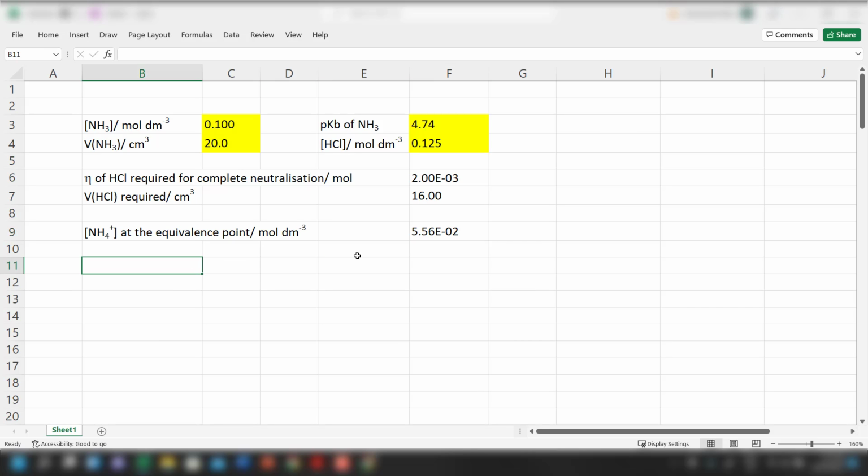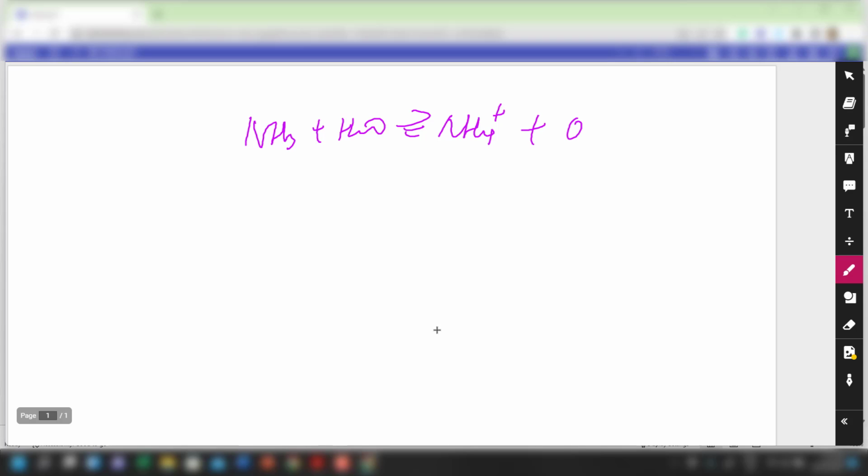From here I need to calculate the initial pH of aqueous ammonia. How to calculate that shouldn't be a major issue because you know that ammonia ionizes partially in water to give us ammonium and OH minus.